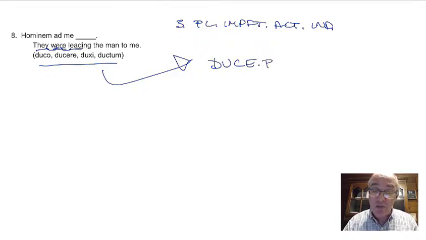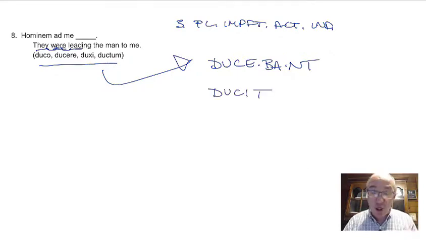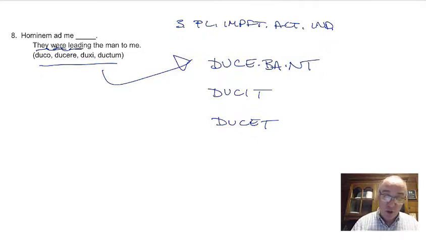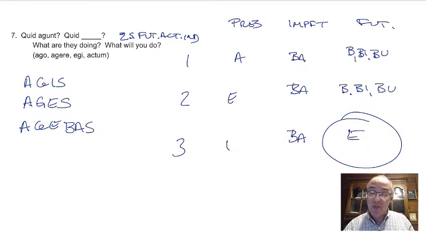We know we're going to need a B-A for the imperfect tense, and then the N-T, ducebant. They were leading. The present tense would be ducit. The future tense would be ducet, because again, in the future tense, the sign for the future of a third conjugation verb is this E right here.